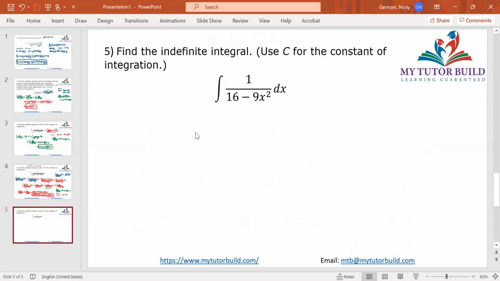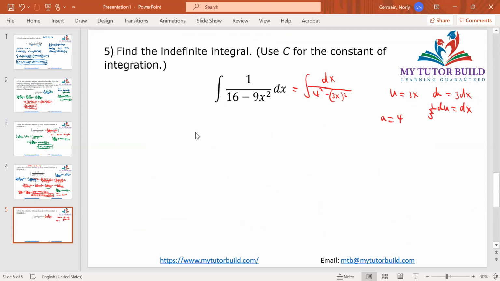We see here also that's a very simple one where we can rewrite it as dx over 4 square minus 3x square. So if we set u equal to 3x, du would be equal to 3 dx. So one third of du would be equal to dx. So we know by what we should replace the numerator. And we also know that a is equal to 4.